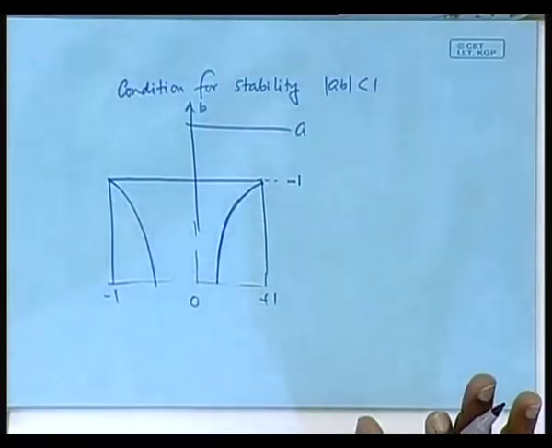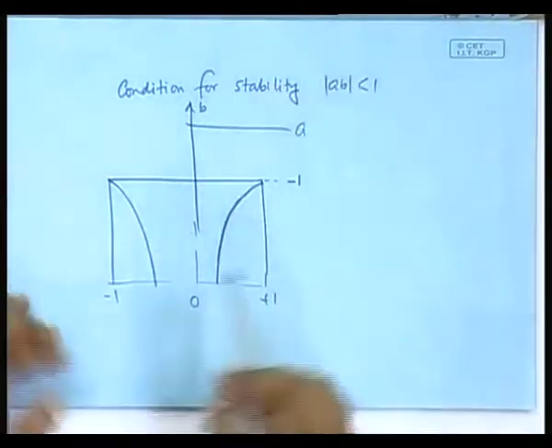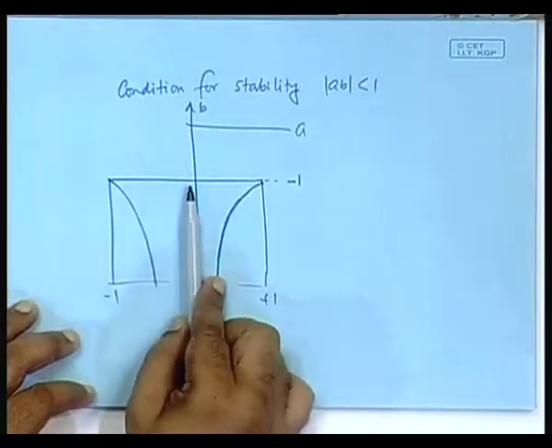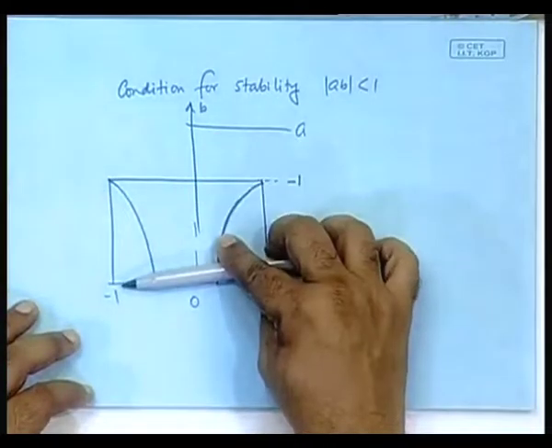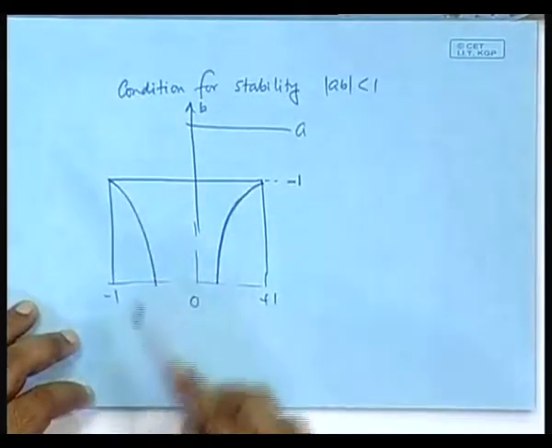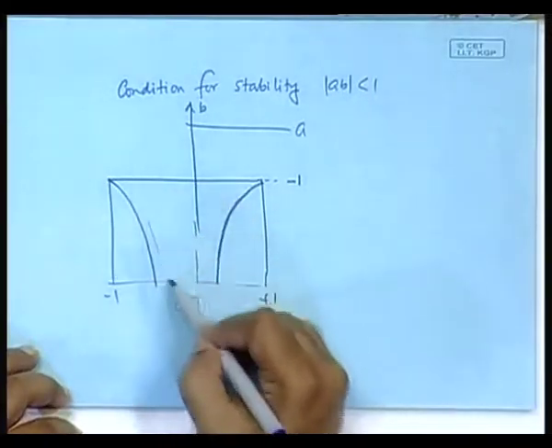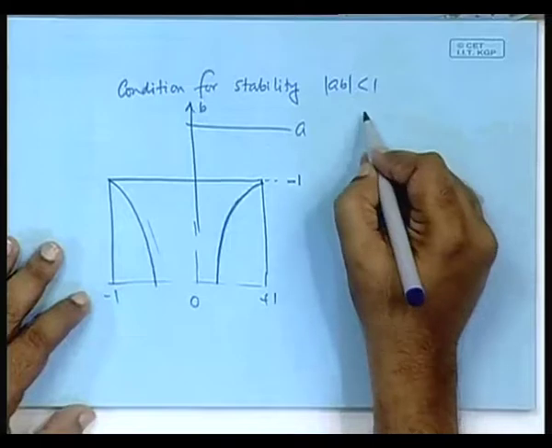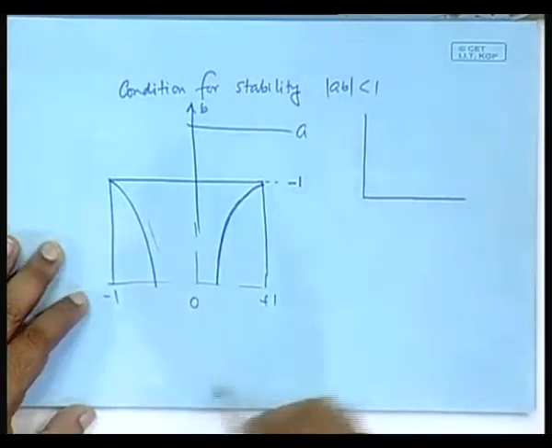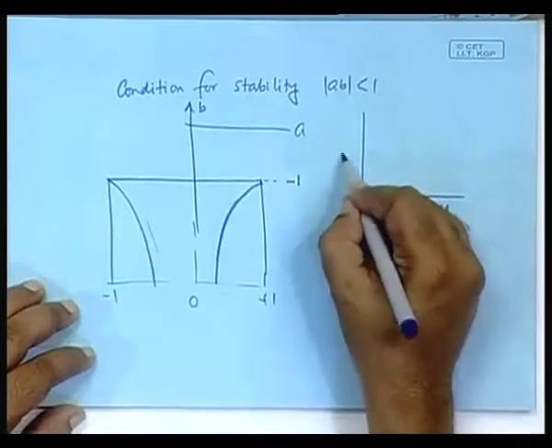In order for AB to be plus 1, both A and B have to be negative. This is the side where A is negative and therefore, this is the side where B is negative, both are negative. So, this is the curve for plus 1. What happens here in this part? In this part, we understand that the period 2 orbit will occur. If we now draw the bifurcation diagram, how will it look? Mu here, x here.